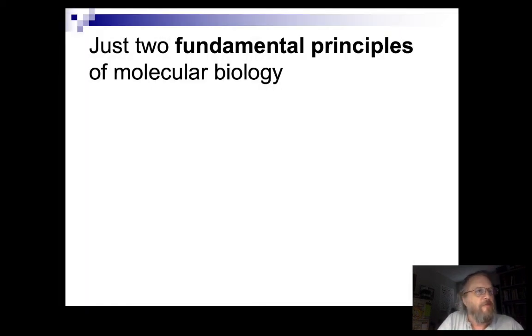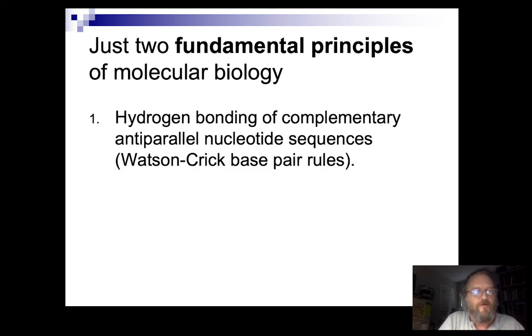I've mentioned this a couple of times in class, and so really, if you think about it, there's just two fundamental principles of molecular biology. A whole bunch of varieties and flavors derive from these two principles, but the first one is that DNA and RNA nucleotide sequences, of course, obey base pair rules, right?